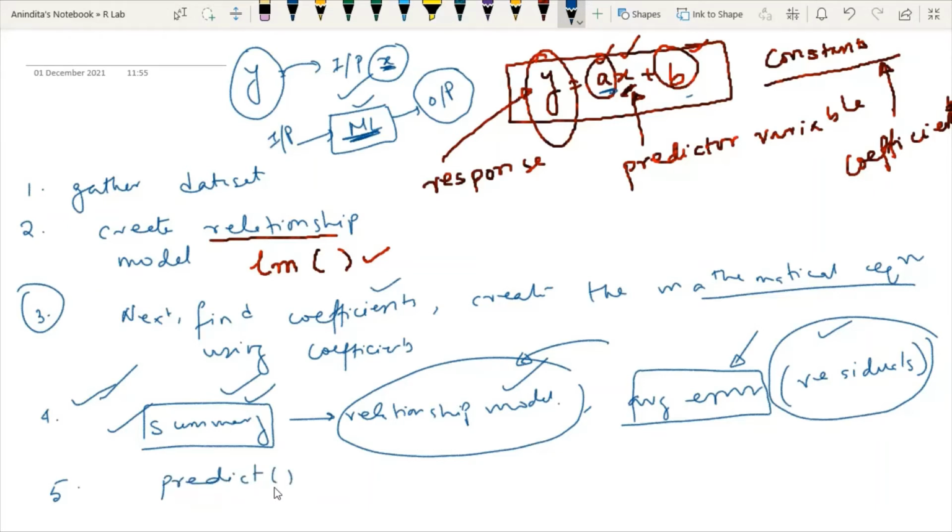We use the predict function to predict the weights from the predicted value. We have already discussed that finding weights, or finding coefficients, is the ultimate objective. So finally, we will apply the predict function in order to get the outcome. In the fourth step, we get the summary of the relationship model to understand the average error in prediction. So here my point is, try to understand this concept.